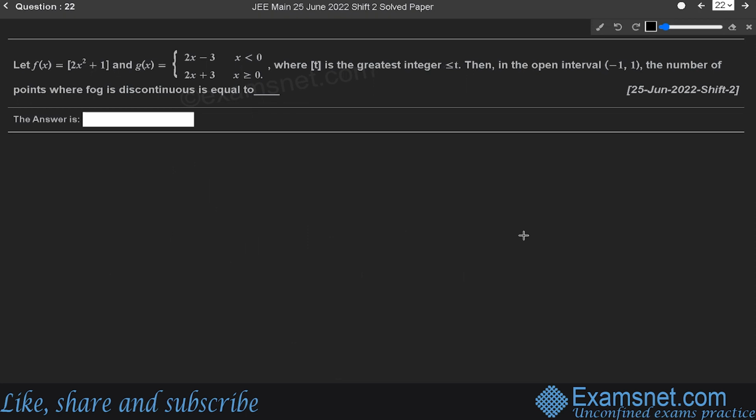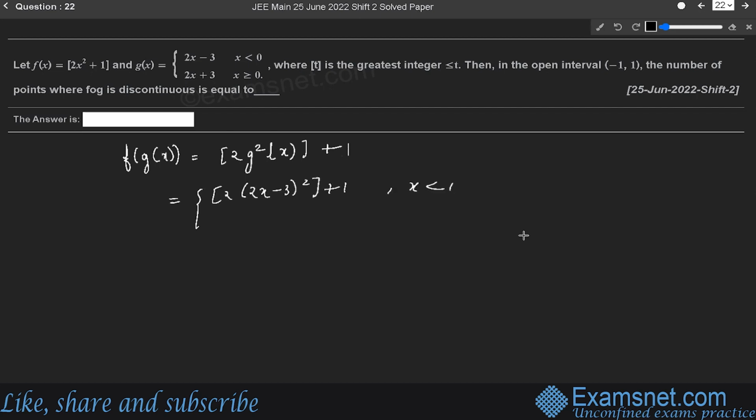So we can write f of g of x is equal to 2 into g squared of x plus 1. So this will be equal to 2 into ([2x] minus 3) whole squared plus 1 when x is less than 0 and 2 into ([2x] plus 3) whole squared plus 1 when x is greater than or equal to 0.